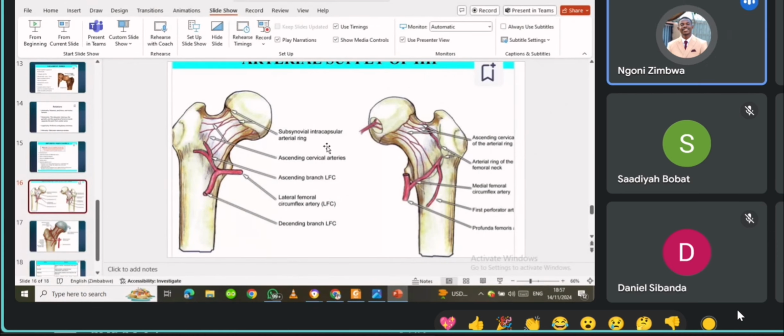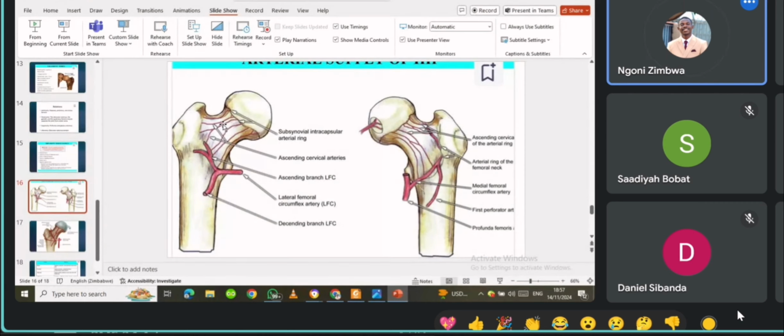All right. On the dislocation of the femur, we are talking about the anterior dislocation and the posterior dislocation, right? In posterior dislocation, mainly, we are not causing fractures of the neck. Avascular necrosis is prone when we have fractures of the neck, because the neck is where we have the main blood supply.